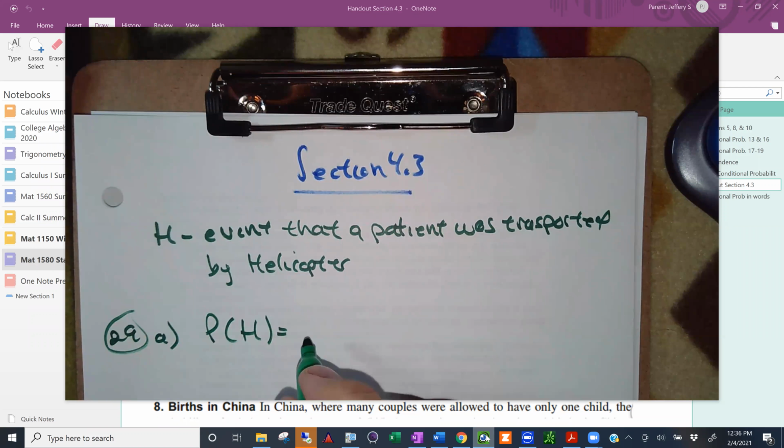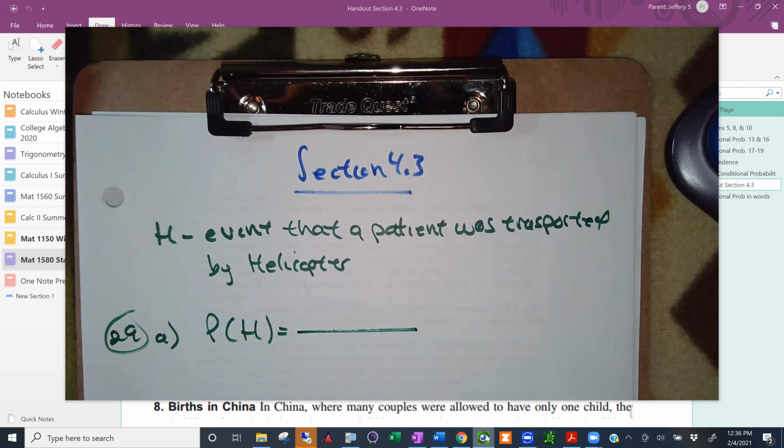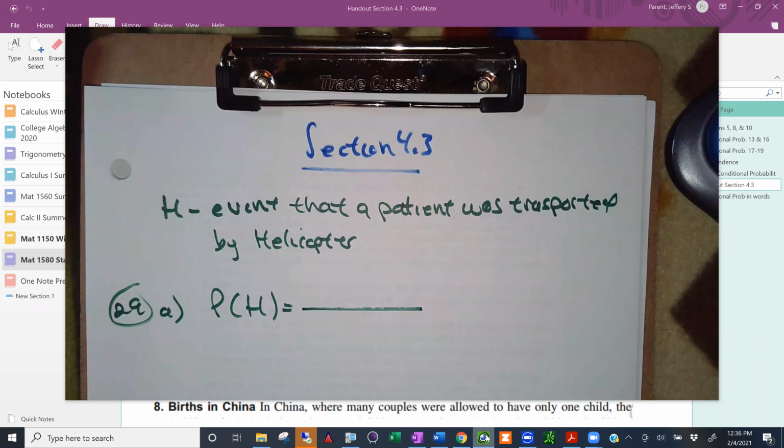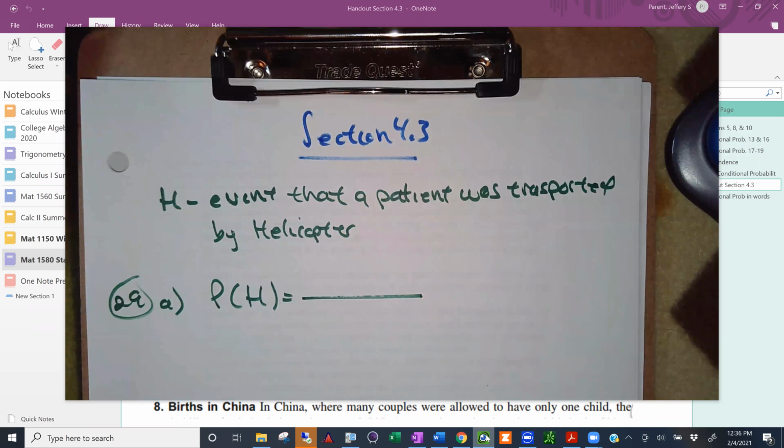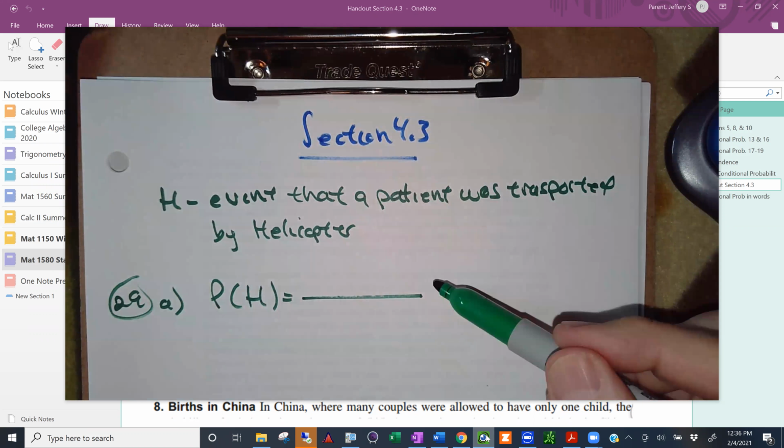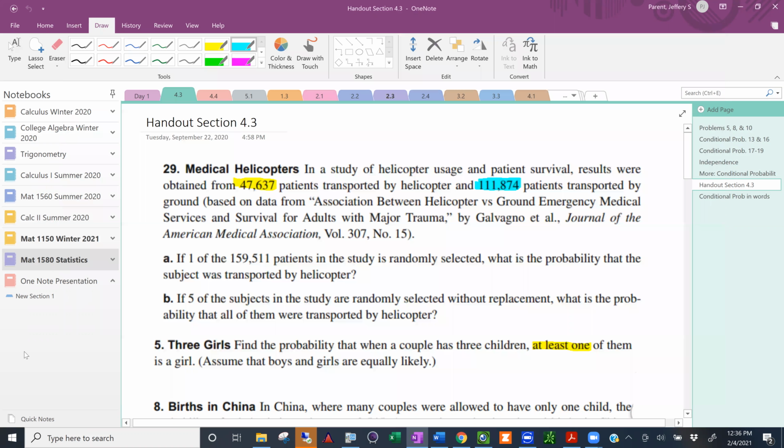Well, what we have to do is figure out how many people were transported by helicopter and divide that by the number of people in this problem. And I think they actually gave you both numbers outright. So the denominator is given to us right here, 159,511.